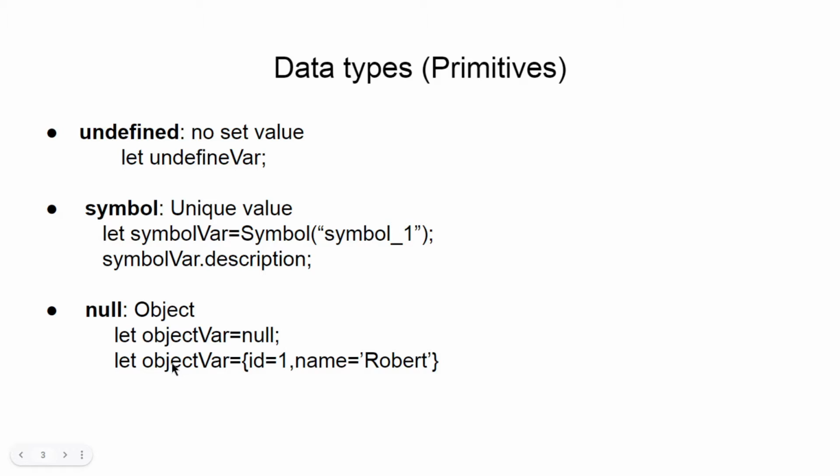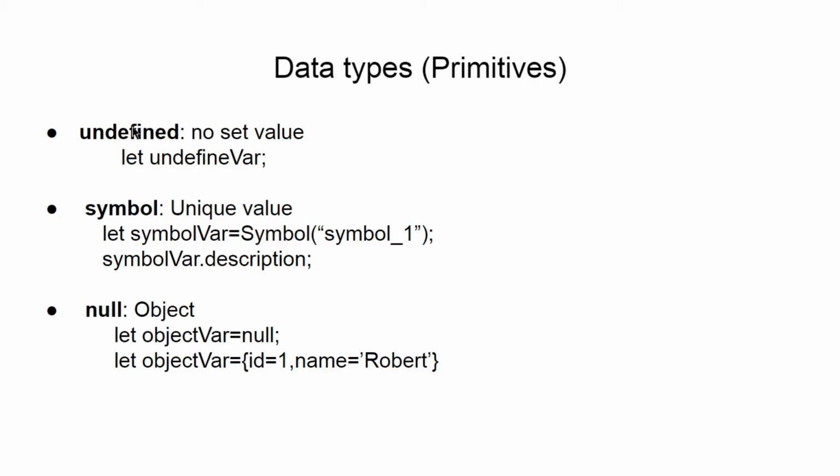Okay, it can sometimes be confused with undefined, but they have a different behavior, because if you want to work with objects, it's recommended to use this kind of data type, the object data type.